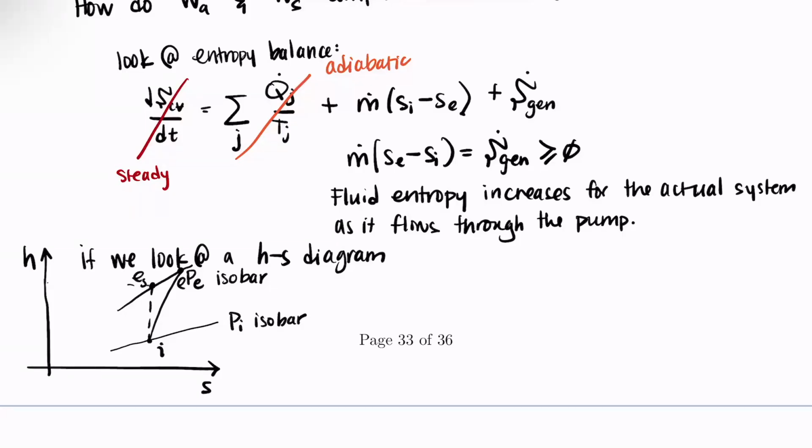We can see that h es is less than h e. And since h e is greater than h es, W dot a is always going to be greater than W dot s. So we can prove what we kind of already know just from thinking about this, using conservation of energy and the entropy balance.